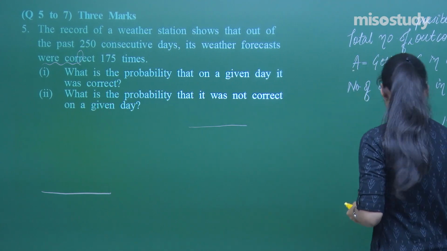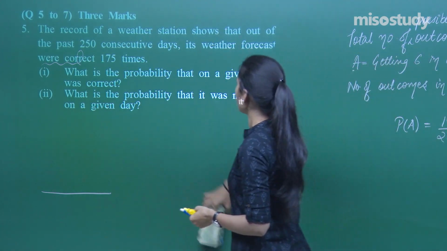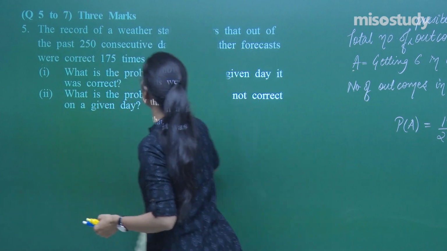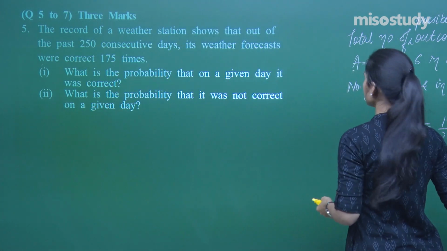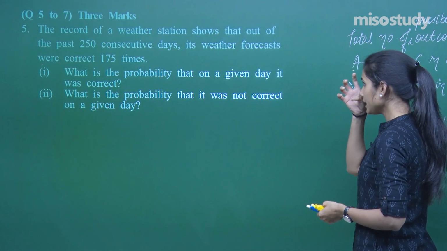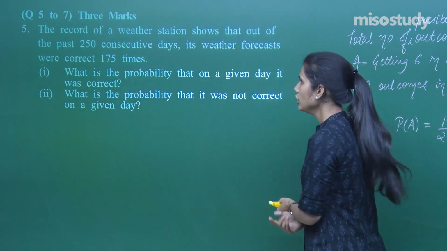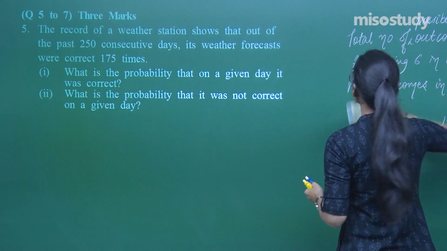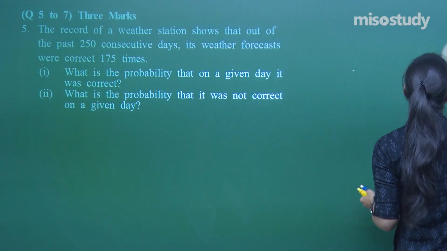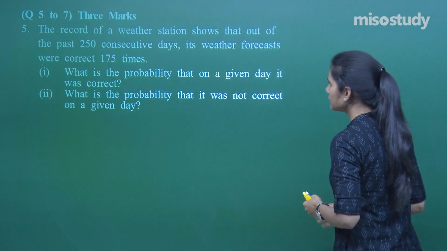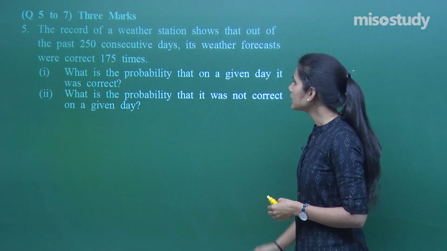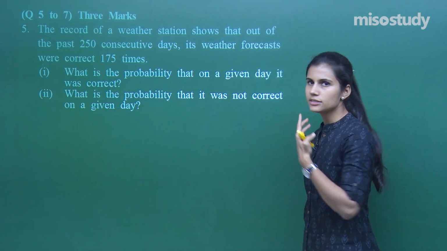The record of a weather station shows that out of the past 250 consecutive days, its weather forecasts were correct 175 times. So, for 250 consecutive days the forecast was checked and it was correct 175 times. What is the probability that on a given day it is correct, and on a given day it is not correct?